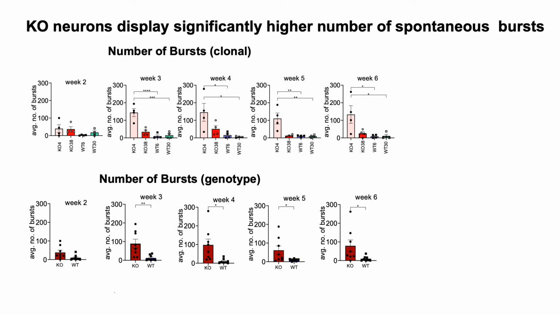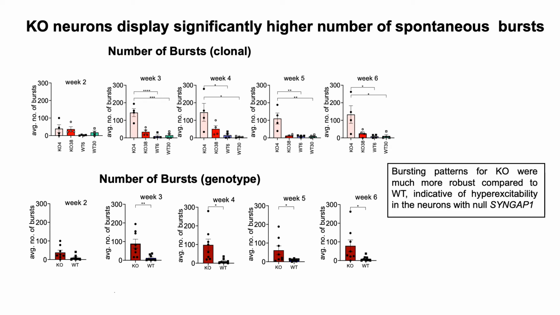Next, we also looked at the excitability of the neurons, which is observed as the ability to fire multiple action potentials within a short time period. We quantified the average number of bursts, and here are the cumulative plots showing the average number of bursts for the individual clones, and then grouped together by genotype.